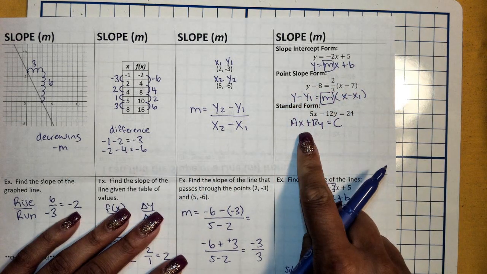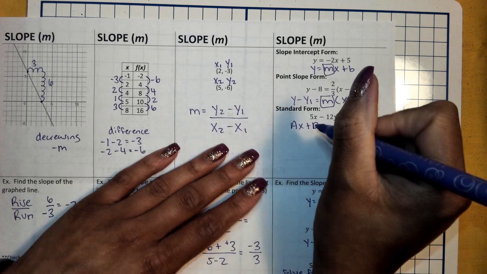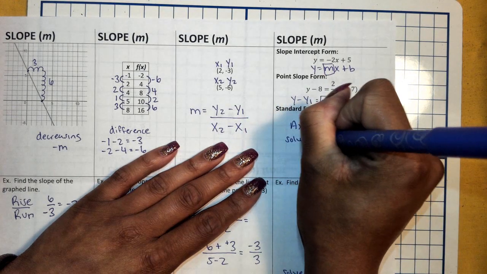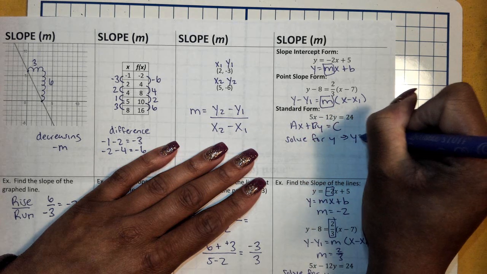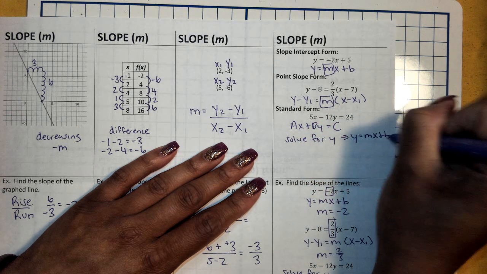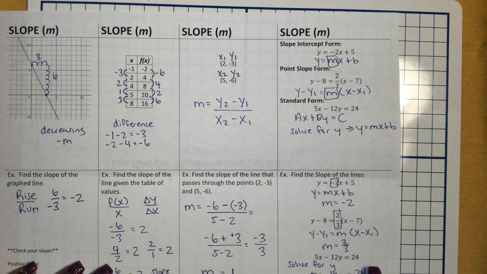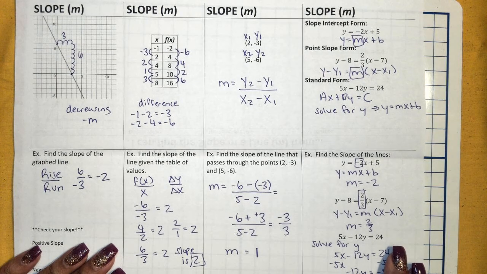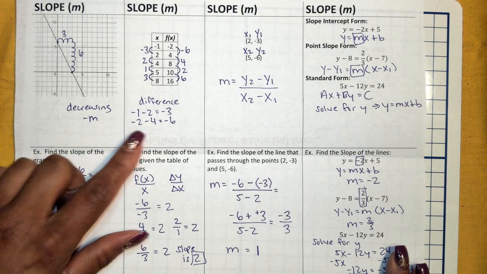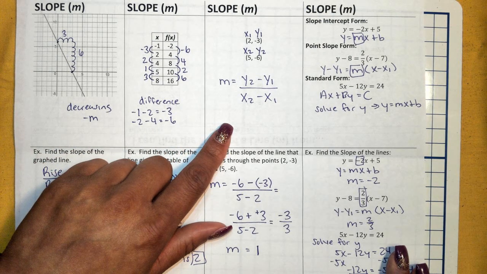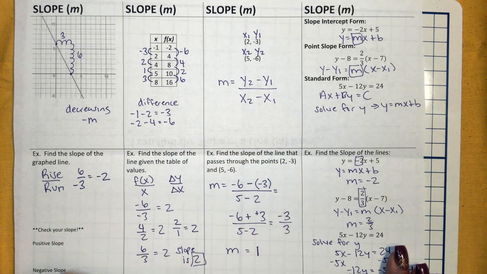However, we want to solve for y, to where it looks like y equals mx plus b. Okay, so those are 4 different ways to find the slope in given scenarios, such as a graph, a table, using 2 points, and with 3 different equations.